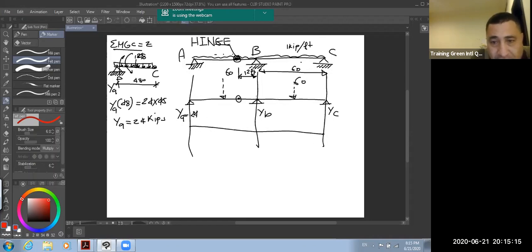Draw the shear force diagram. I will reach here. He is asking about the maximum shear force at support B. So I start at 24 up, a straight dotted line. Here at 60, 24 minus 60 means here is 36.